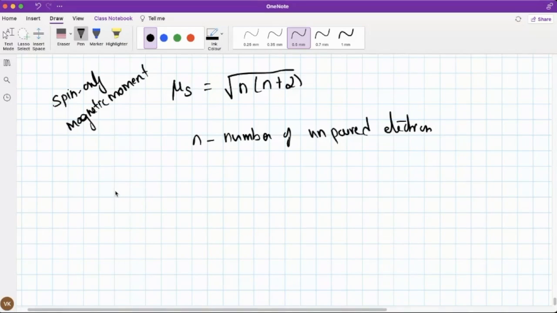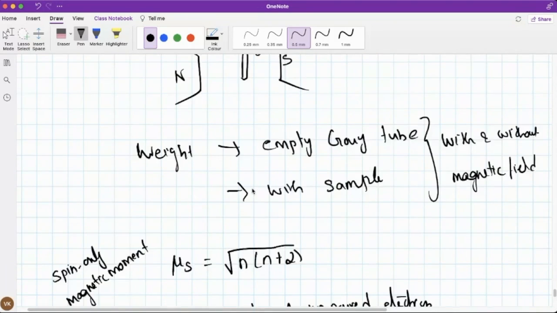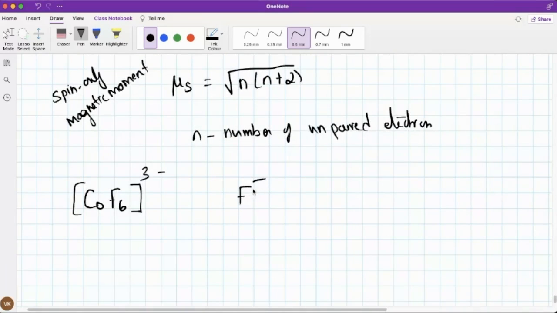Now let me give an example. Let's say we have a complex, cobalt F6 3 minus. We know from ligands that F is a negative charge ligand, F minus.